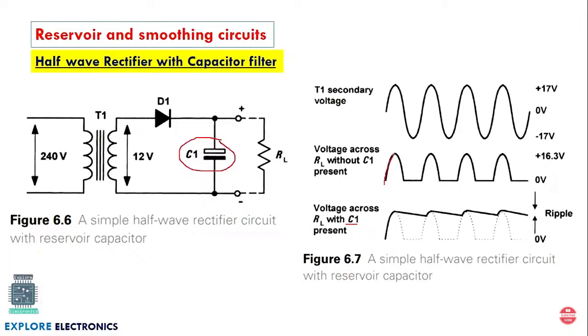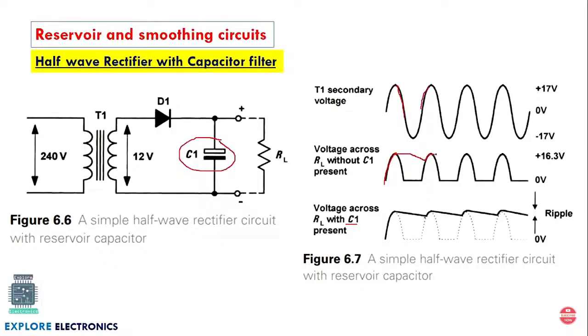When the voltage reduces, the capacitor will hold the charge until the next positive value comes, and it starts discharging as time goes. By that time it is getting the next positive value, so again it is charged to the next peak value.